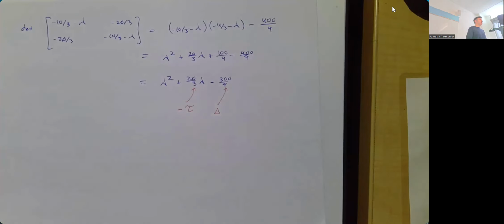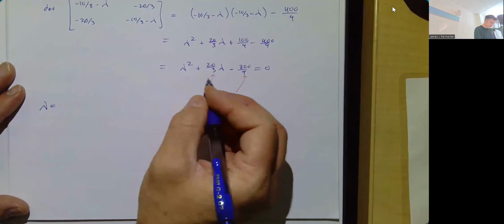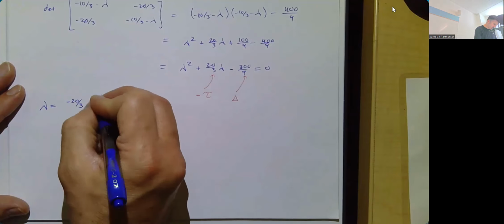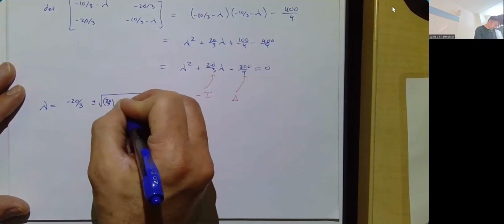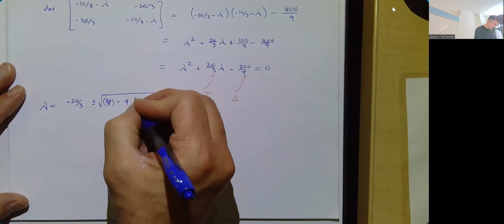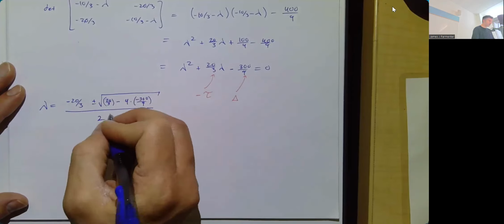I don't think that factors. But if you wanted to solve it the quadratic formula way, you're going to get that lambda is equal to negative 20/3 plus or minus the square root of 20/3 squared minus 4 times 1 times negative 300/9, all divided by 2.